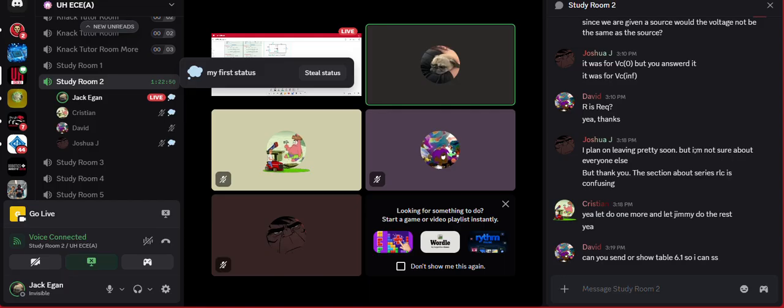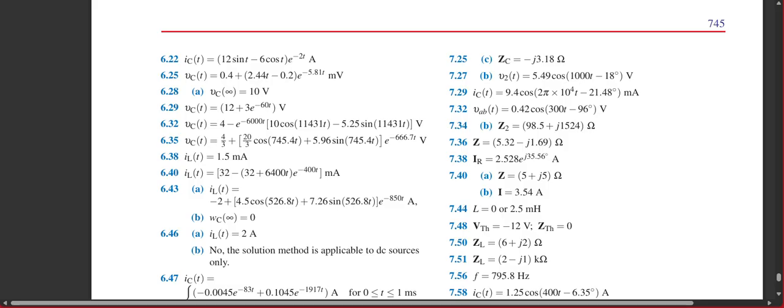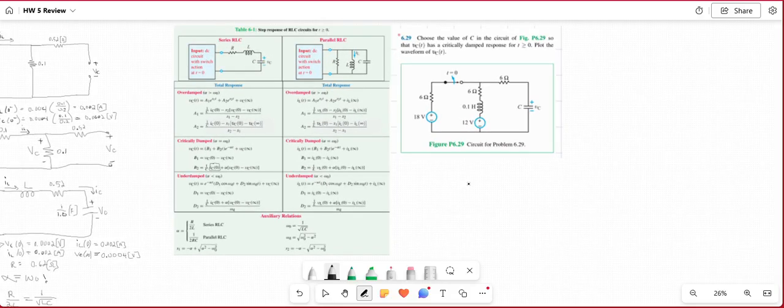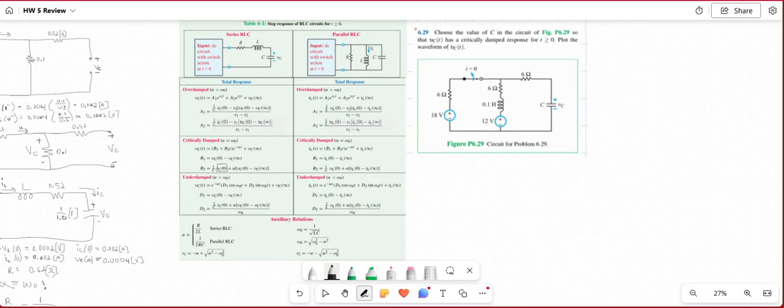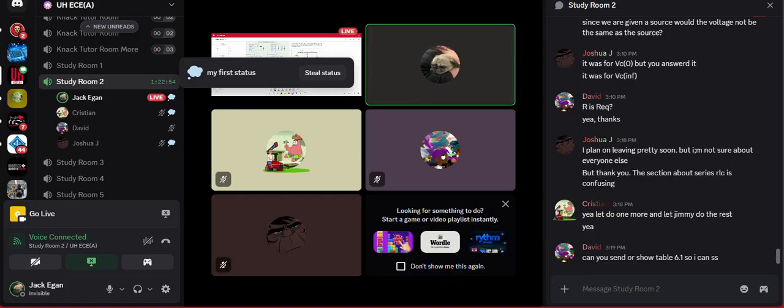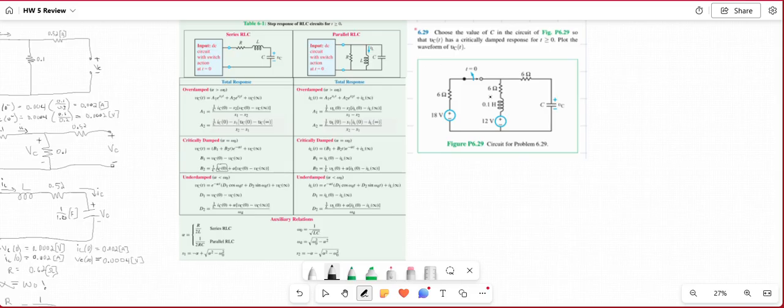Table 6.1. If you go to the textbook, right? Okay, actually, let me put it in the chat. Just so you know, this is on page 358 of the textbook, but I'll send it into the chat.